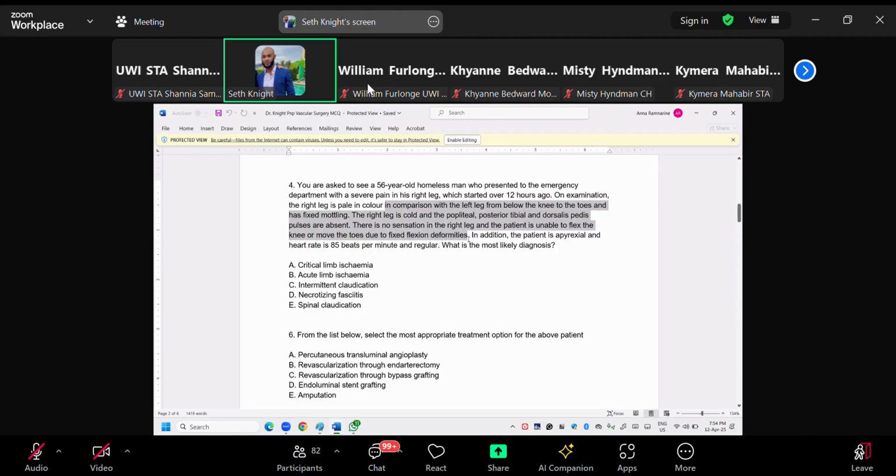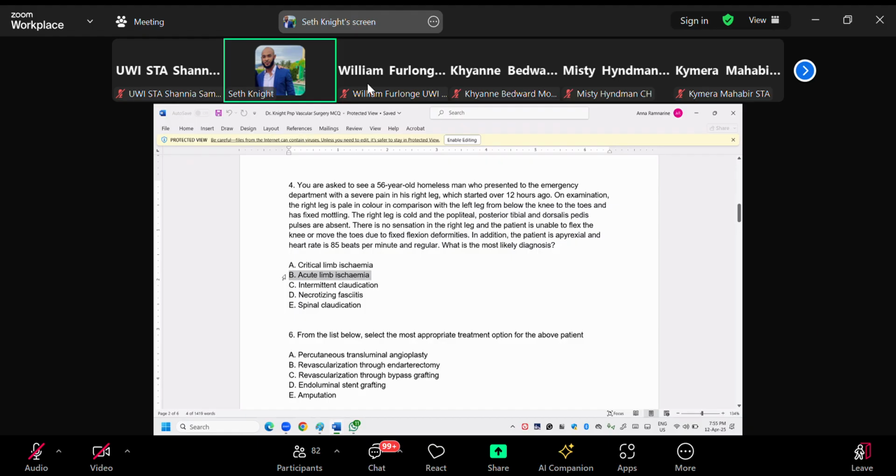So this patient also has paresthesia, almost anesthetic, and paralysis. And so this is acute limb ischemia. His heart rate is 85 beats per minute and regular. He's apyrexial. So this patient has acute limb ischemia.